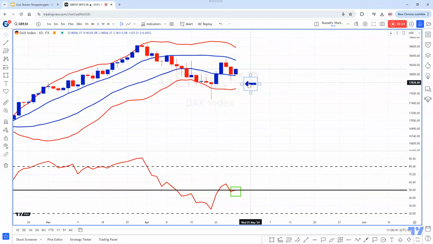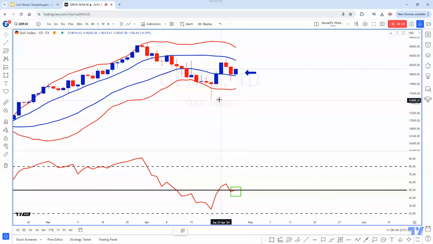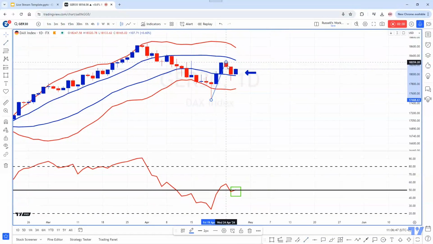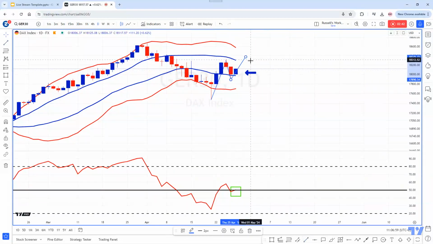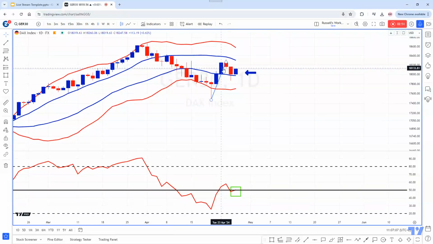If we hold in the neutral area, we may get a play like this: 1, 2, 3, and then if we hold and we build in zone 2, the neutral area, we might get the next impulse up. In order for that to happen, just keep an eye on yesterday's high.